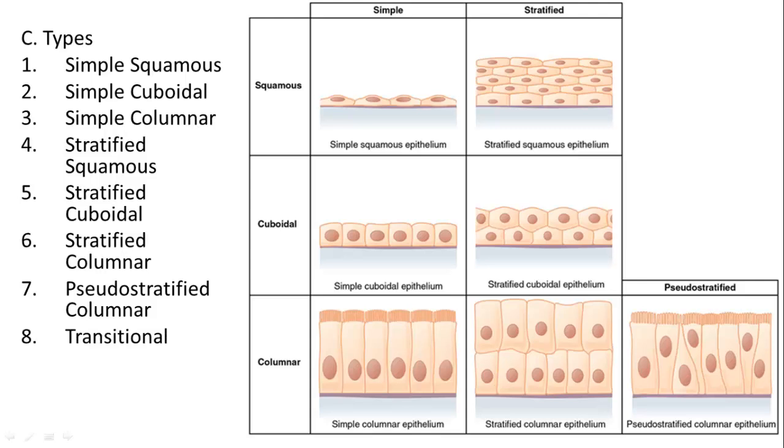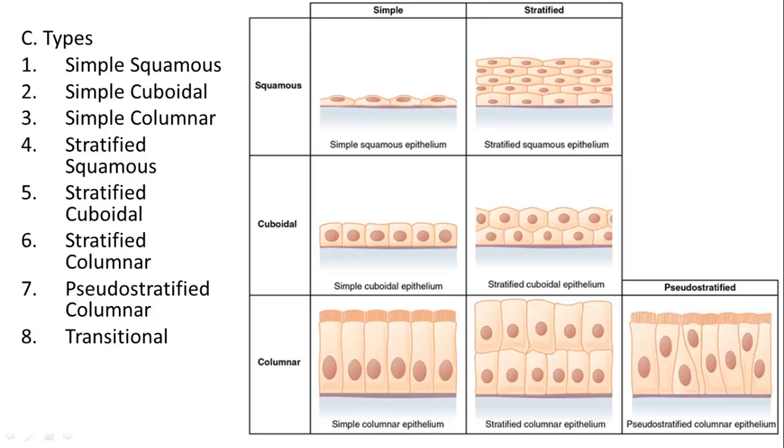And then transitional is in a category by itself. Okay, so you don't even see transitional on this chart. But most of them are some combination of the different shape and arrangement.